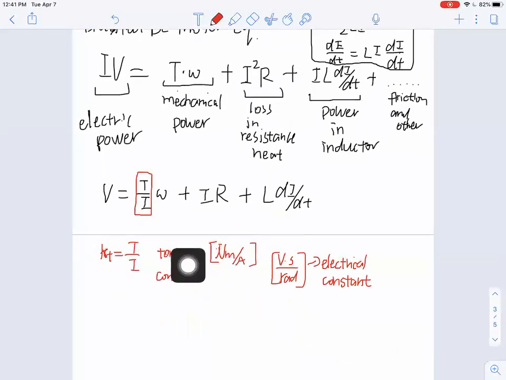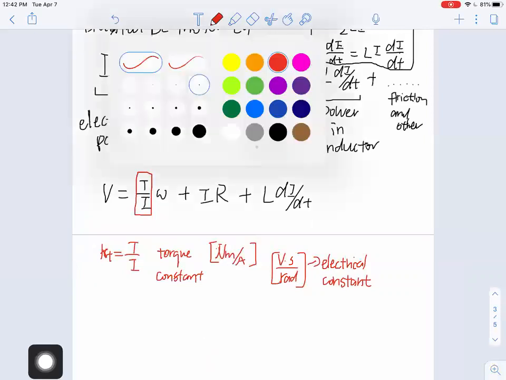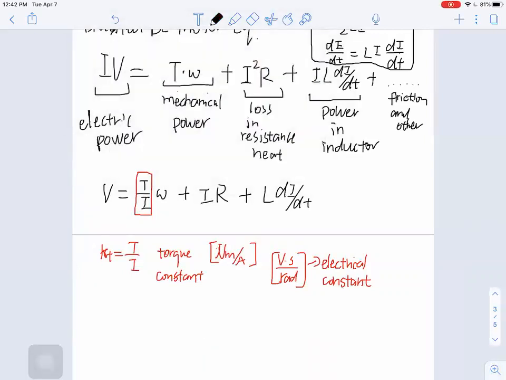Okay, now we can rewrite our equation by using the torque constant. So now we have voltage equals KT omega plus IR plus L di dt.